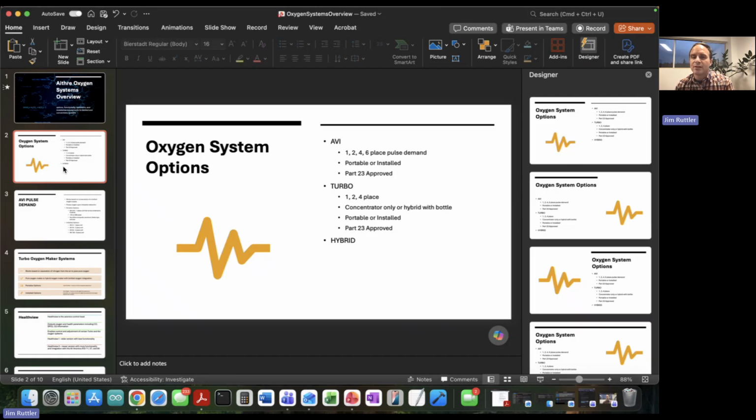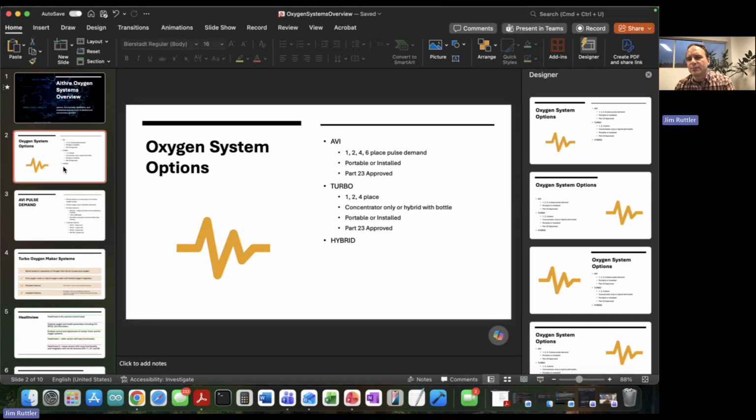It will pulse out the oxygen during the critical inhalation period and not deliver any oxygen during exhalation or during non-critical periods of the inhalation period. Typically in the first third of the inhalation cycle is where you're going to get your oxygen delivered. Because it's not delivering oxygen continuously, you can extend the life of the bottle, typically 4 to 8 times compared to continuous flow.